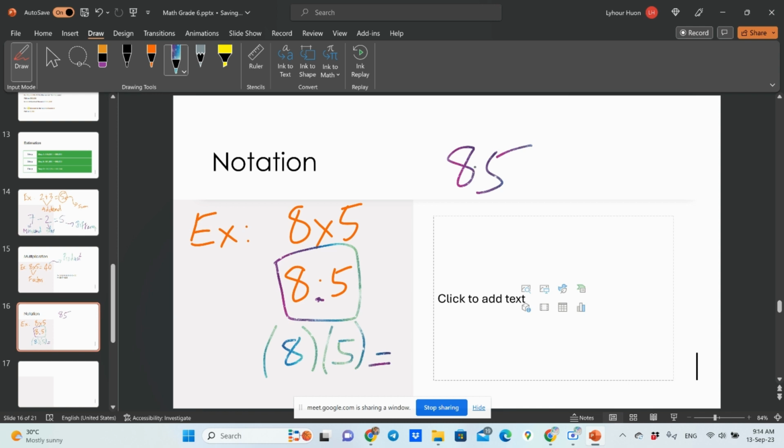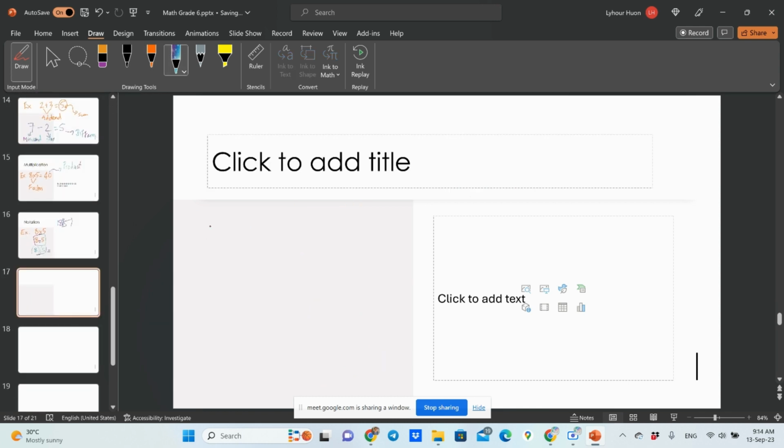But with one dot, everything changes. With parentheses, something changes. So it's basically the same thing, just a different way of expressing it. For notation, we can either write the sign of multiplication, or one dot in the middle, or we can use parentheses. Then it's multiplication.